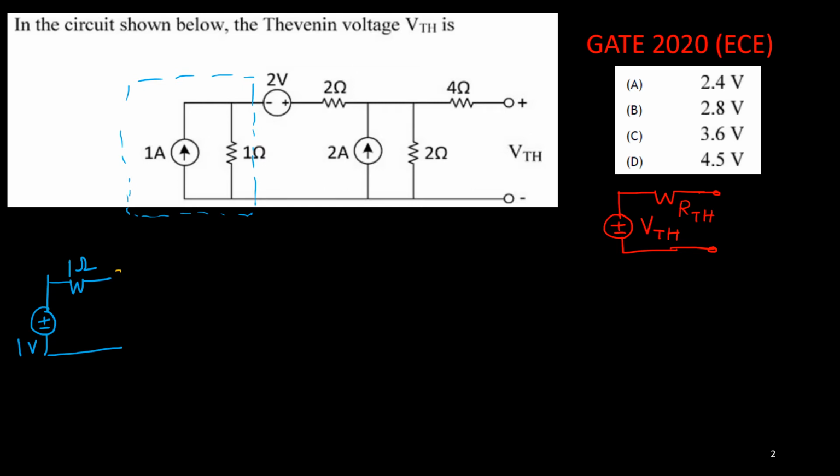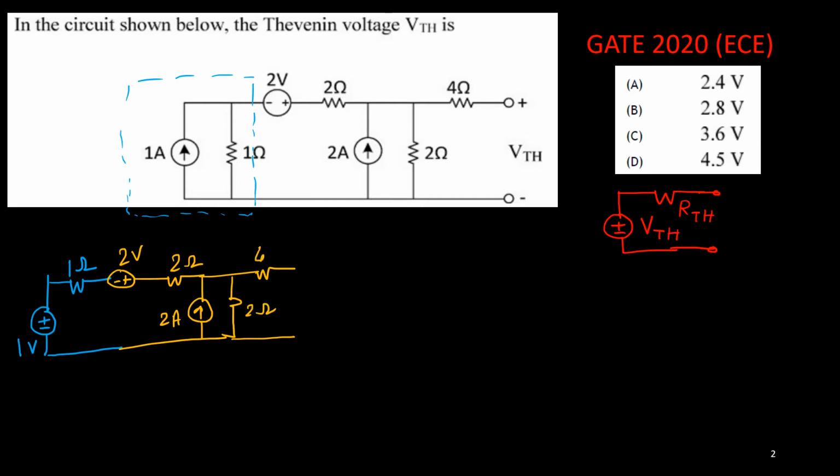So this is plus, this is minus, then one current source, one resistance, and one more resistance here, right? So this is your 2 volt, 2 ohm, 2 amperes. This is also 2 ohm, this is 4 ohm, right?